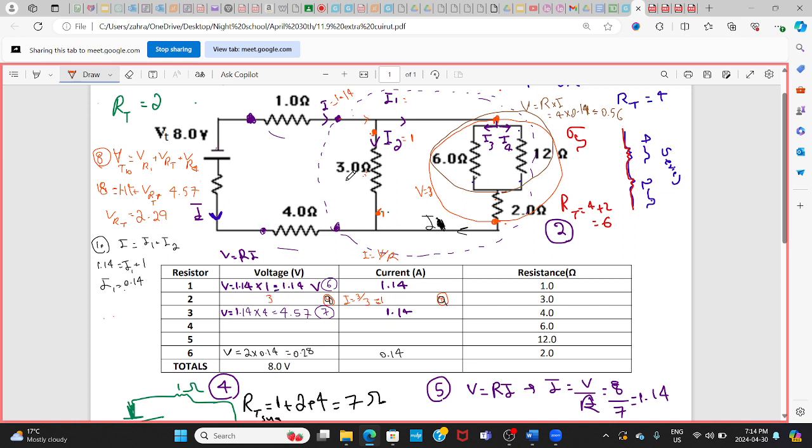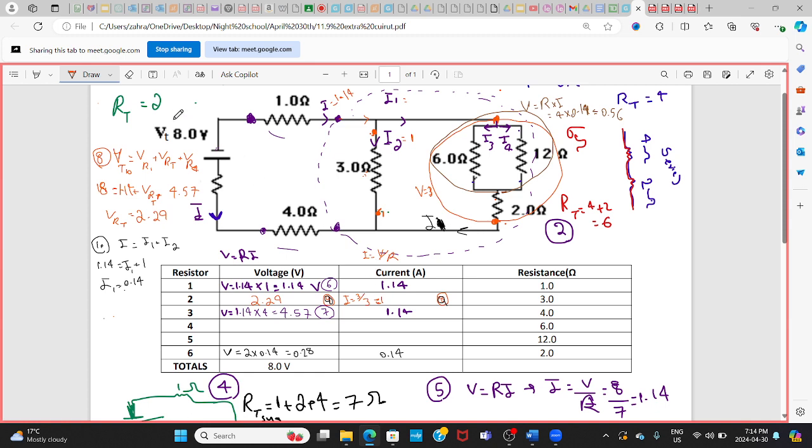I'm gonna change that one because that was the voltage here, 2.29. The voltage across the whole thing here is the same as the voltage across it because it's connected to these 2 points without interruption.